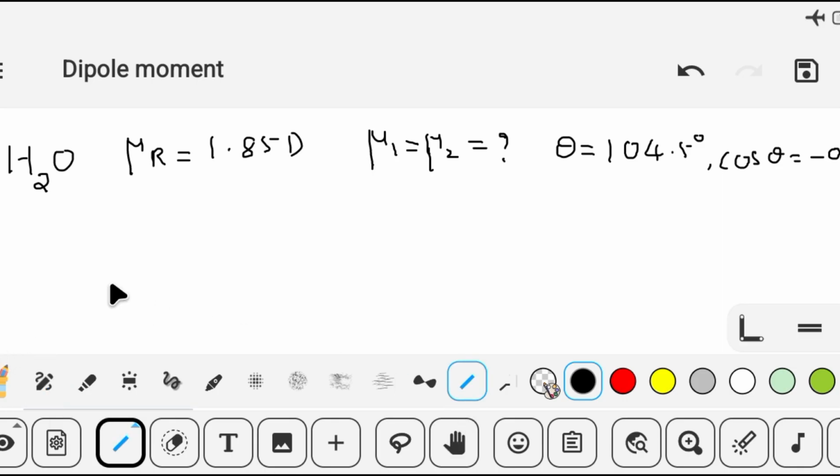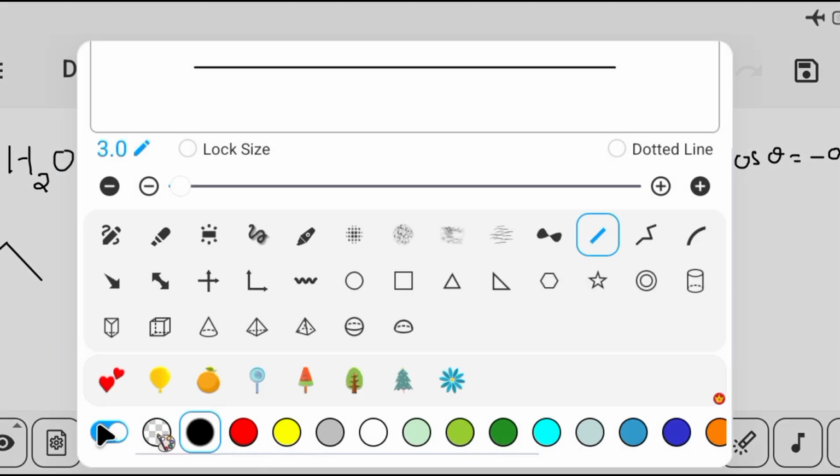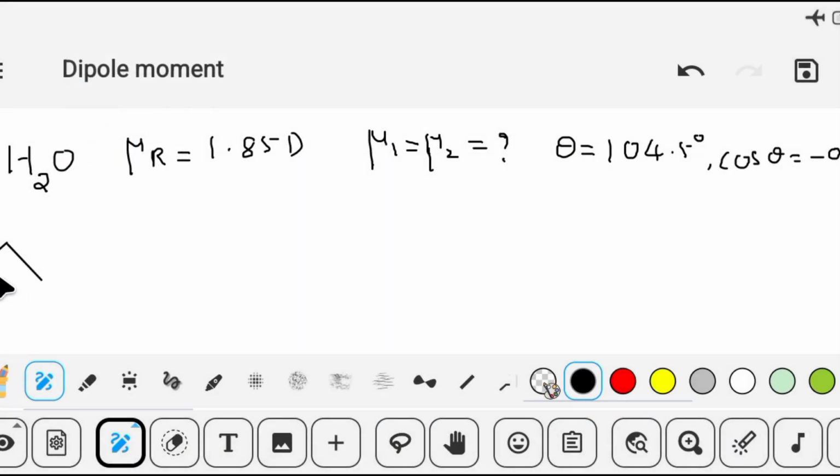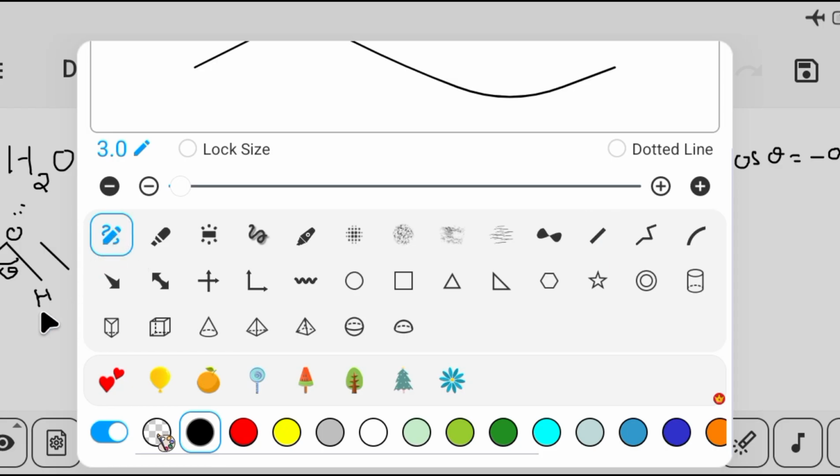So let us see for a water molecule, as you know the distances are the same, and this is the theta value. Oxygen is the central atom, hydrogen are the adjacent atoms. Bond moments are the same here in water, as they are pointing towards oxygen, and the lone pair is also pointing towards the upper portion of the molecule.